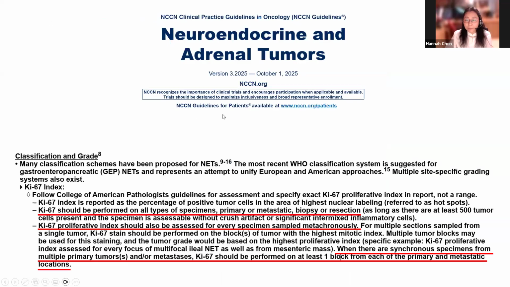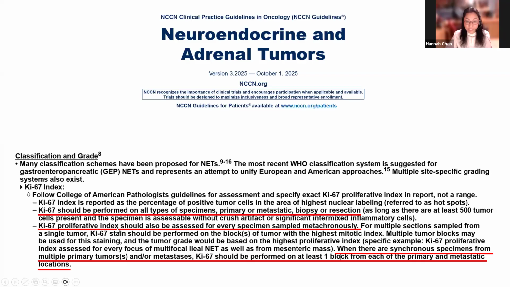In the most updated NCCN guideline published on October 1st, 2025, I want to highlight several things about GI neuroendocrine tumors. The NCCN guideline recommends Ki67 should be performed on all types of specimens, primary or metastatic, biopsy or resection.